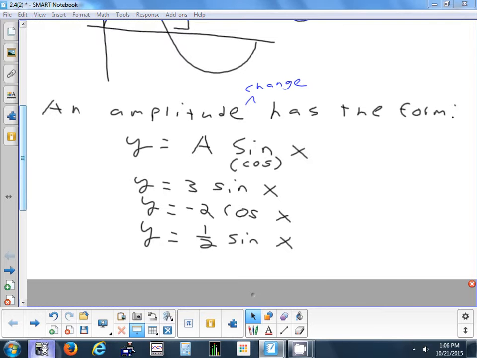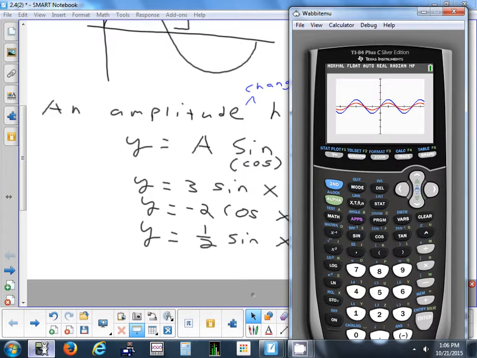Let's just look at the difference between sine x and 3 sine x. So here is sine x and 3 sine x. Notice it's not moving left and right at all. It's basically just taking all these points and pulling them up and down, stretching it out.